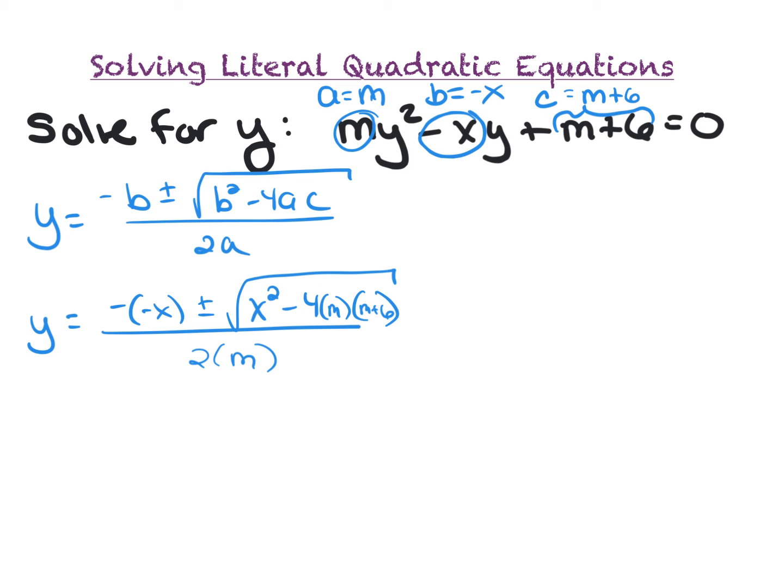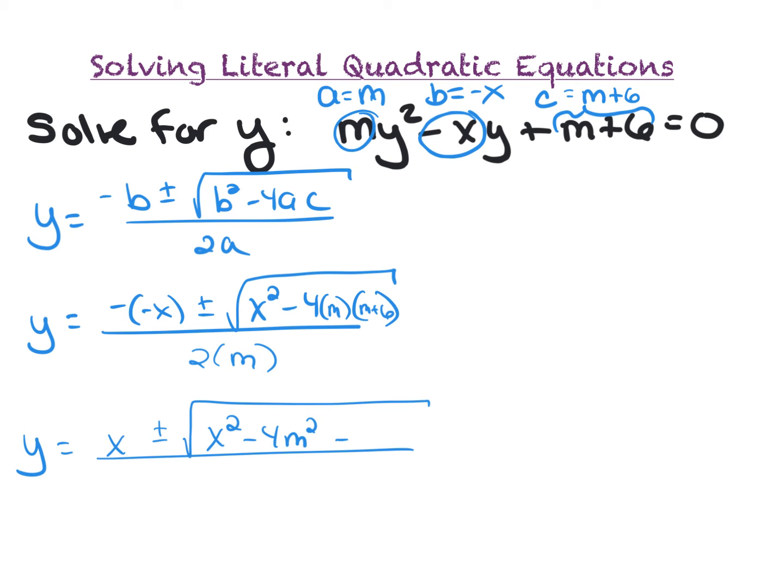Now there's not a lot of simplification that can happen here, so let me just clean this up a little bit. Y equals negative x is x, plus or minus the square root of x squared minus, I guess we could distribute, so negative 4m squared minus 24m, all over 2m.